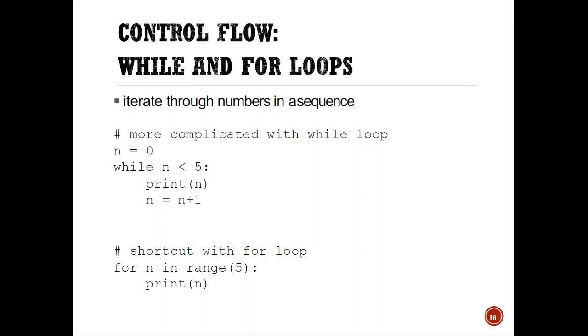However, there's a much easier way to perform this using the for loop. Using the for loop, we can say that for n in range of 5, print n. In this case, it takes the default value to be 0 and increments by 1 until it reaches the number 5.